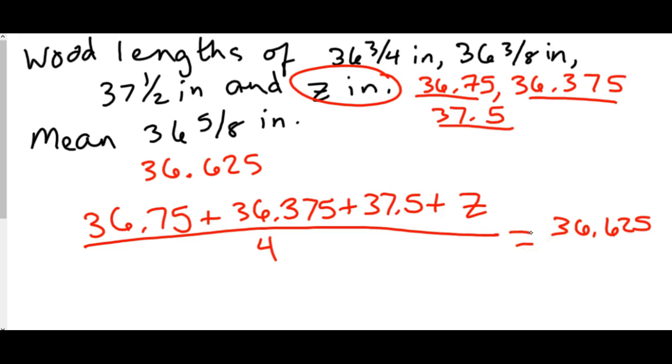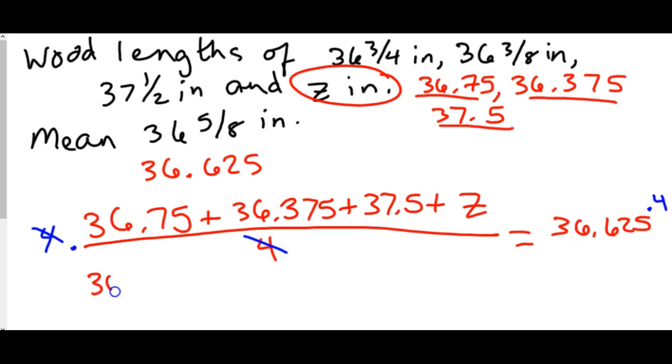Now we have to solve this for the letter Z. So to get Z alone, first we'd have to do the opposite of dividing, and this big bar means divide. So we'd have to times by 4, because opposites cancel each other out. But what you do to one side, you've got to do to the other.